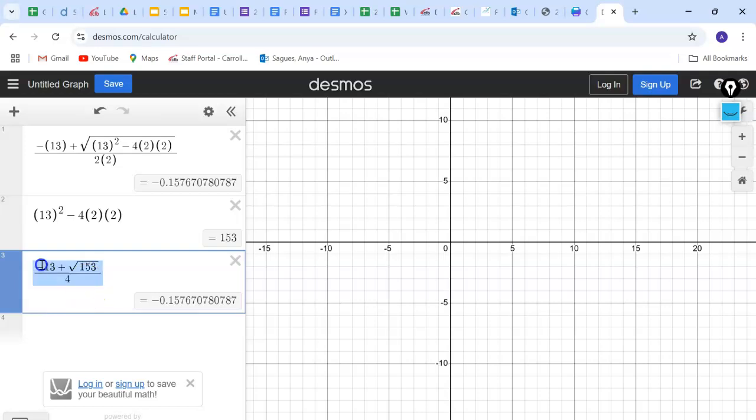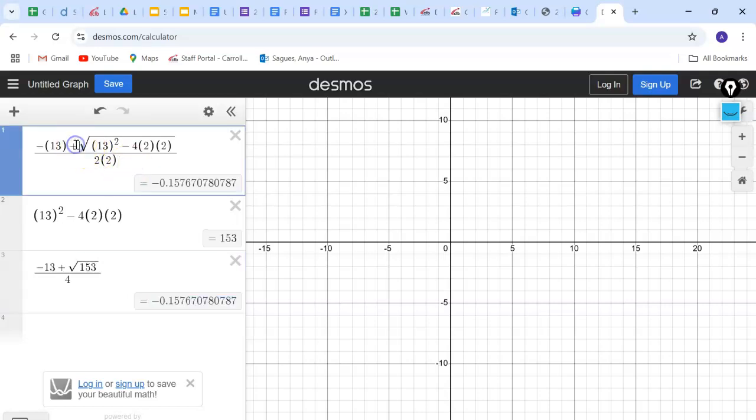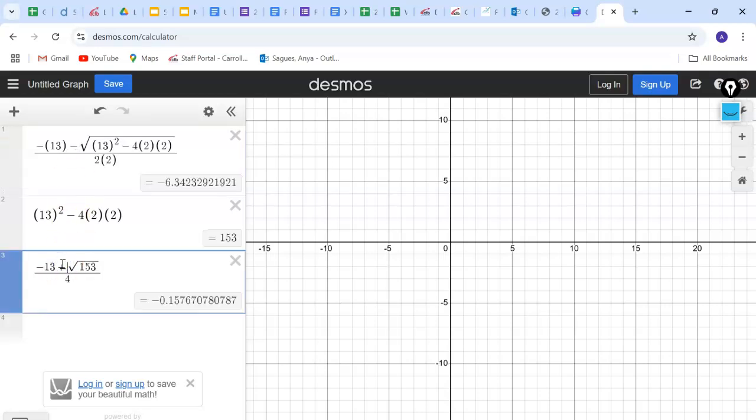It will probably ask you to put something like this, but just know that this is the same thing as this. Now, this is one of your answers. Your other one is going to be exactly the same, except instead of a plus, we have a minus in between.